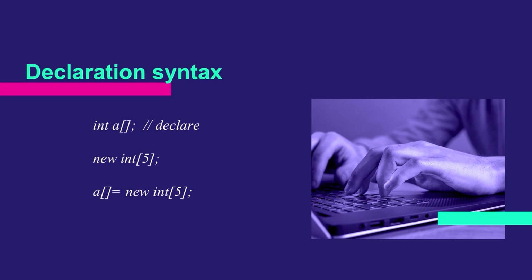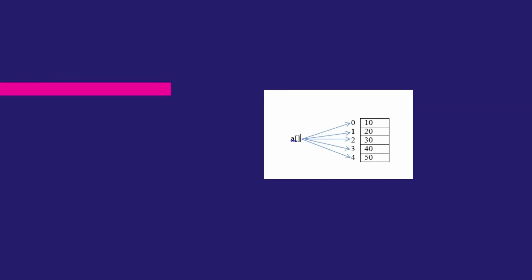New is a keyword in Java which is used to create an object. Now the object of the array is referenced by the reference variable a. Here we will have a 5-index array where the positions start from 0 to 4. 0 is the base index and 4 is the last index of the array.